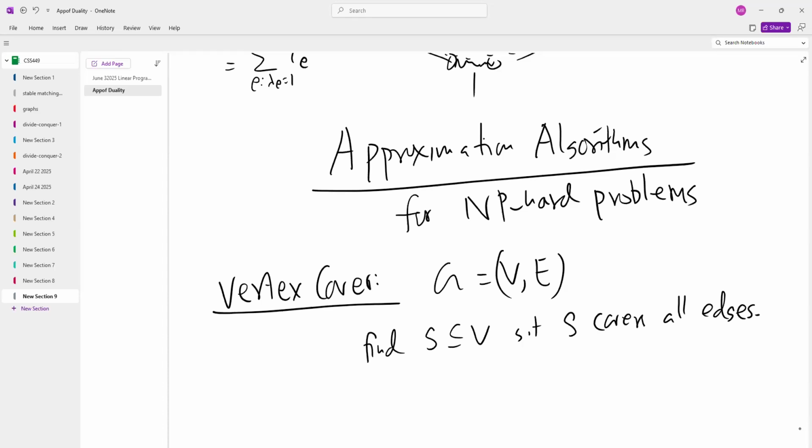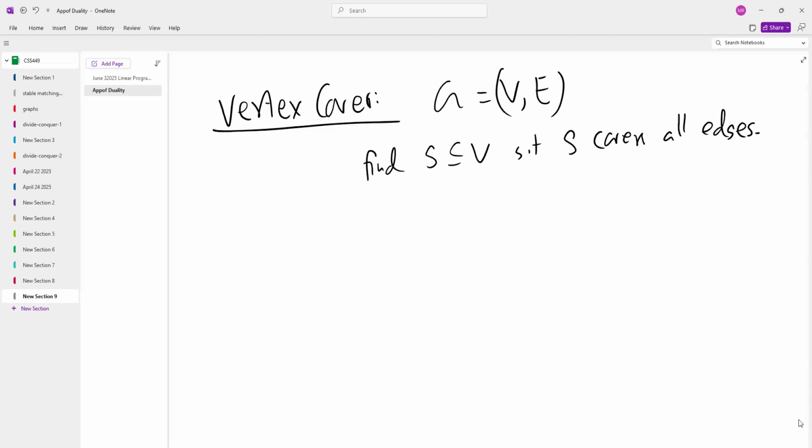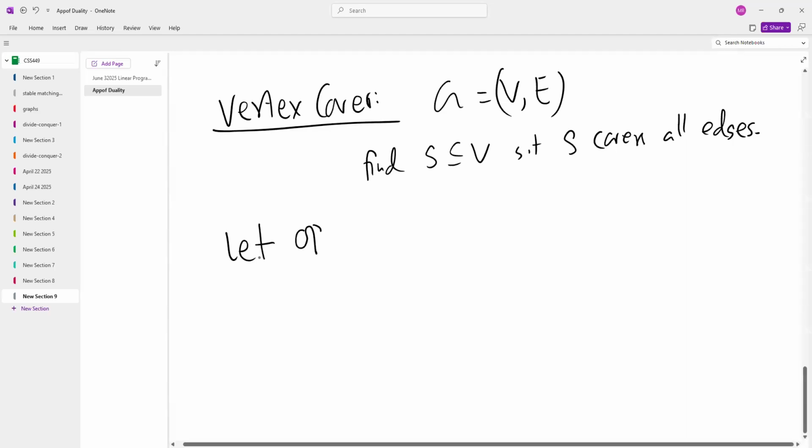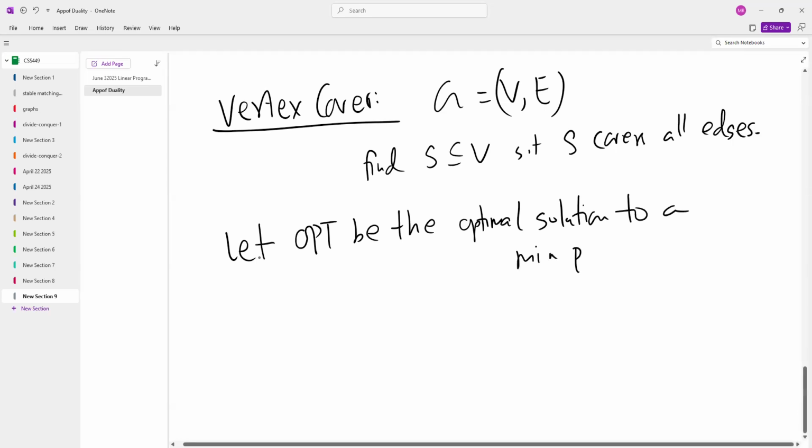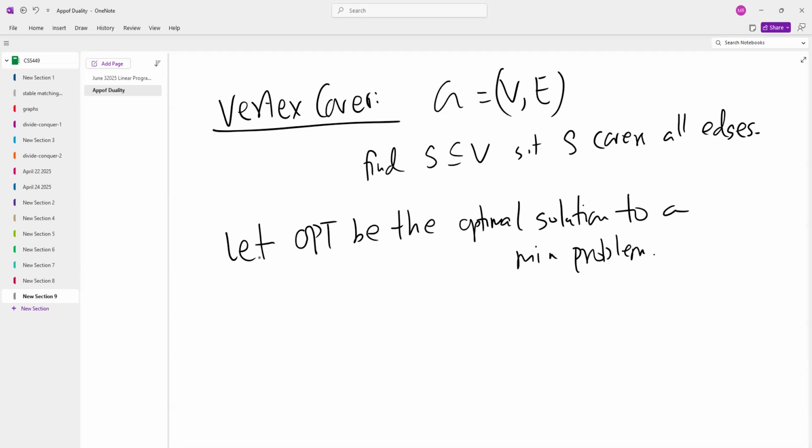Okay? So the way we think about this is, we say that for example, let OPT be the optimal solution to a minimization problem. Okay, so vertex cover, for example, is a minimization problem, and let's say OPT is the optimal solution to the minimization problem.